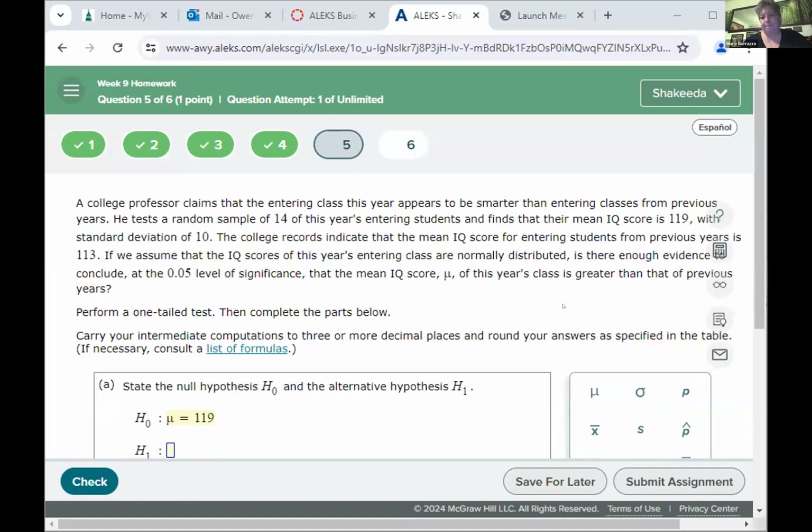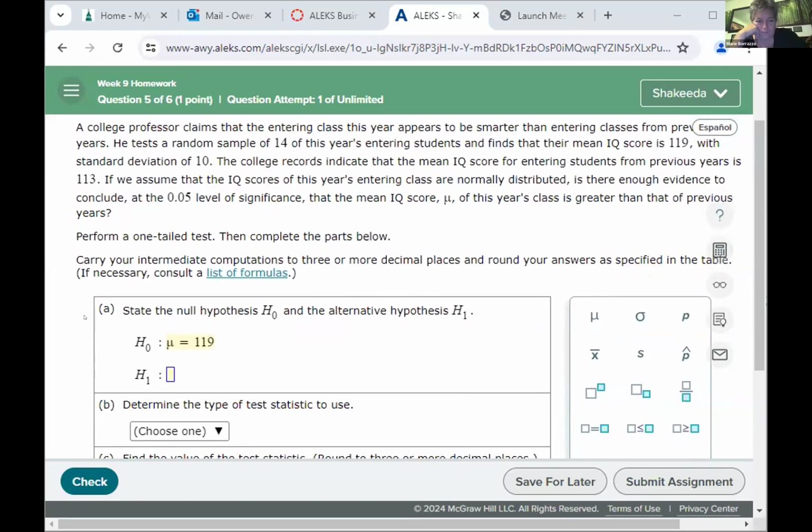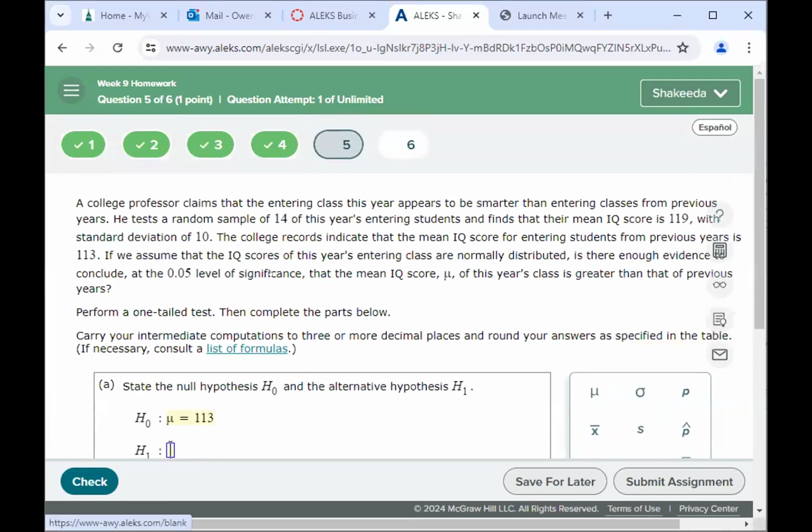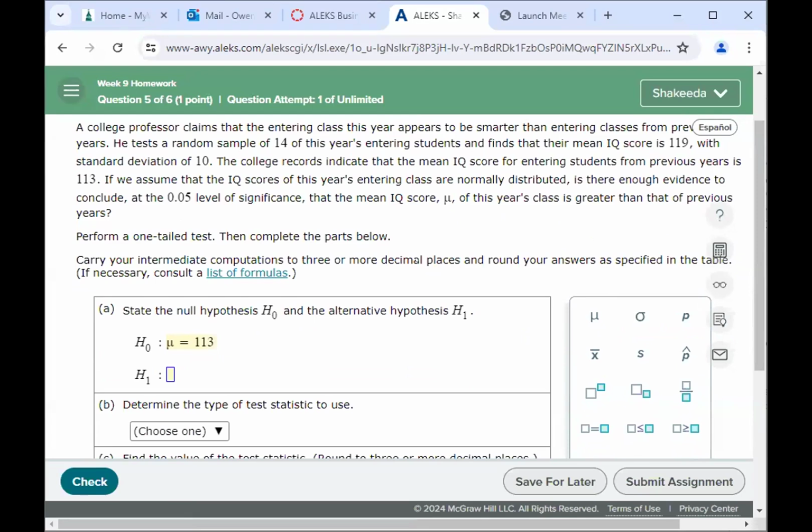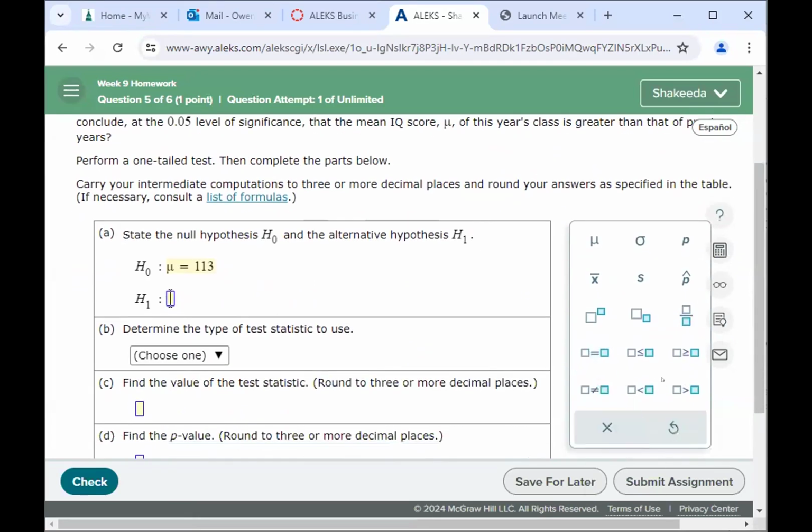Okay. All right. So this is going to be 113. And this is greater than. I see it, greater than. That's what I was looking for. T-score. Test statistic.